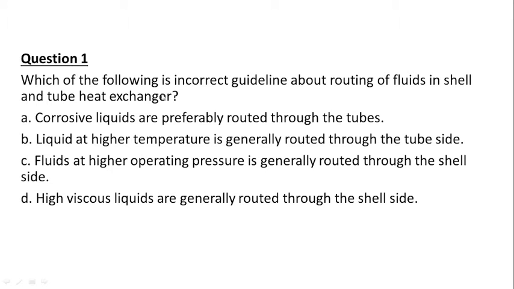Option C, fluids at higher operating pressure is generally routed through the shell side. Option D, high viscous liquids are generally routed through the shell side. So, can you tell what will be the answer for this preferred routing, which is incorrectly written here?